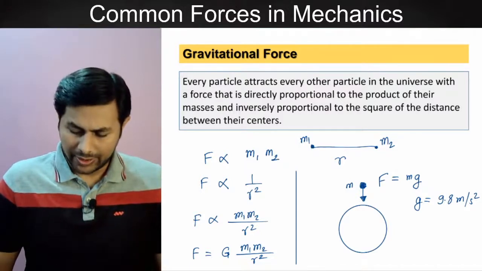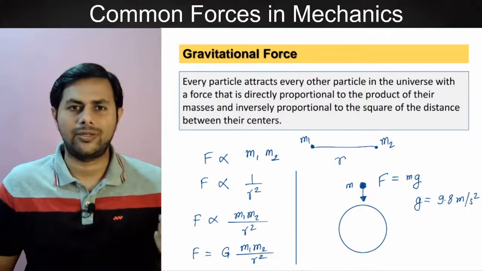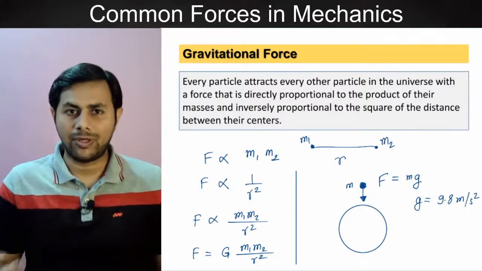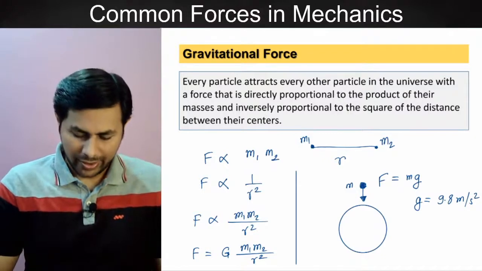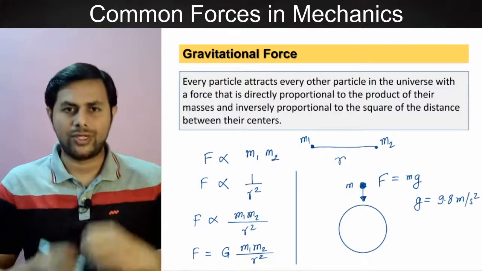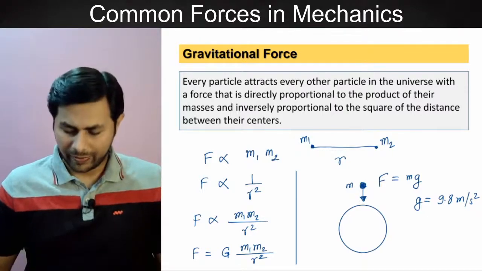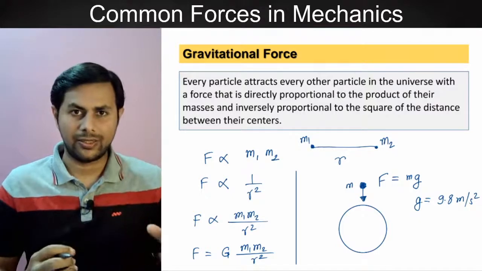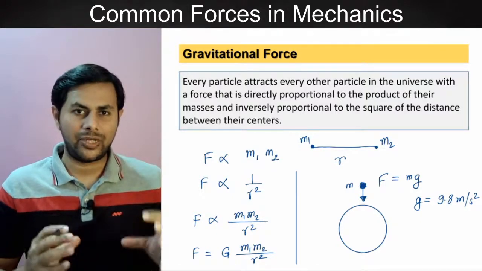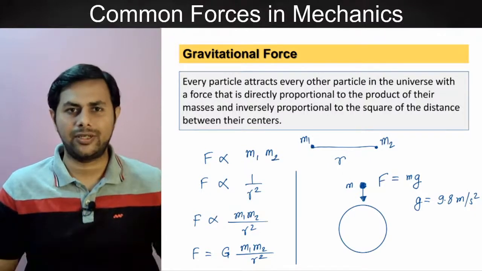We consider this acceleration due to gravity g equals 9.8 meters per second squared, and roughly we take it as 10. So if force is inversely proportional to the square of distance, then why don't we consider that the force is varying? Why do we consider that the force is constant? It is m multiplied by g.